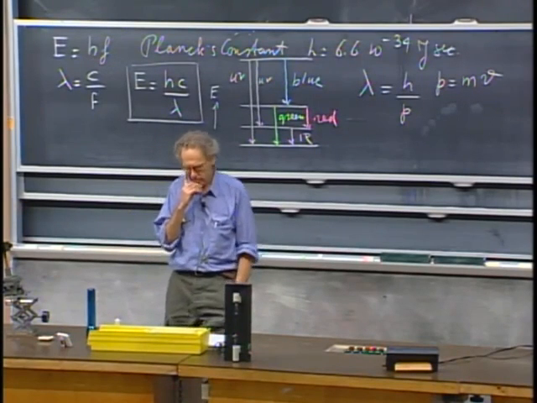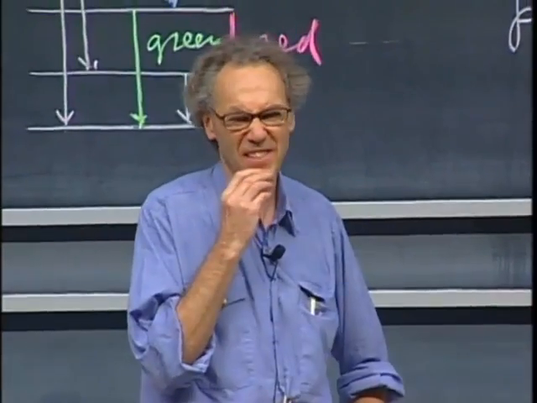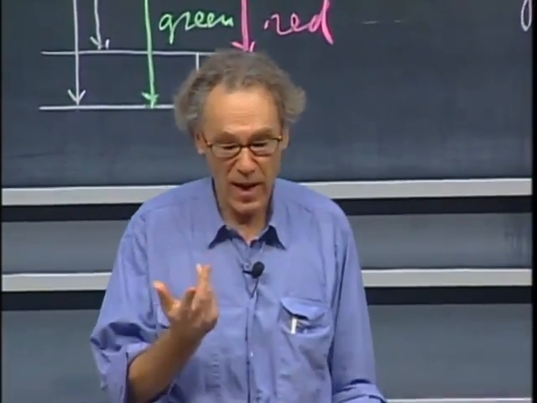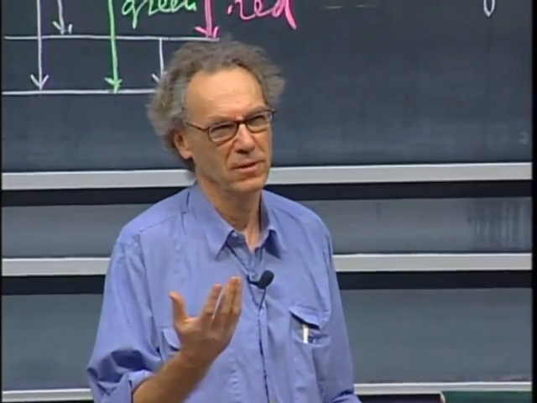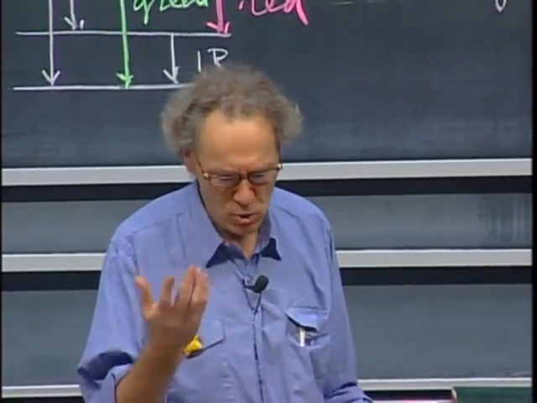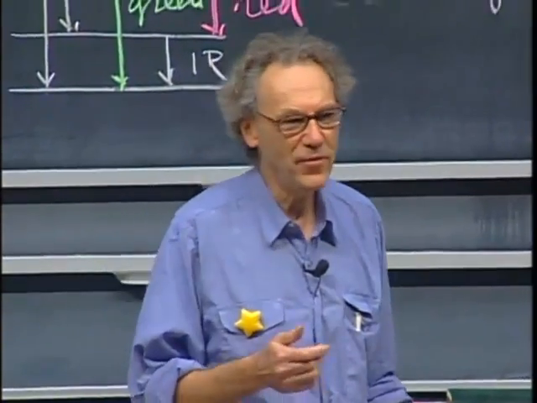Now you may argue, gee, what difference does it make? Who cares whether something is a wave or whether something is a particle? Well, it makes a huge difference, because waves have crests and they have valleys.